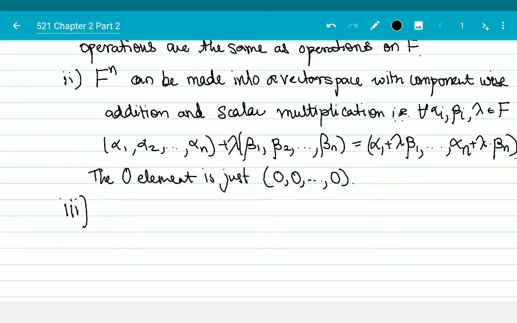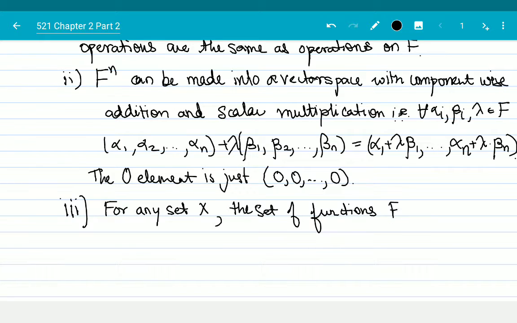Third, now this is a very peculiar case. For any set X, the set F to the X of functions from X to F can be made into a vector space.